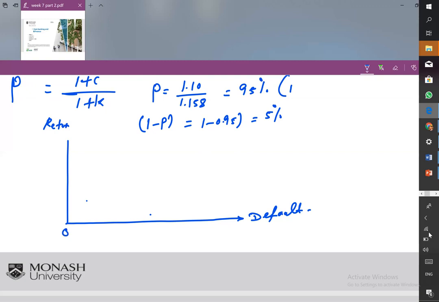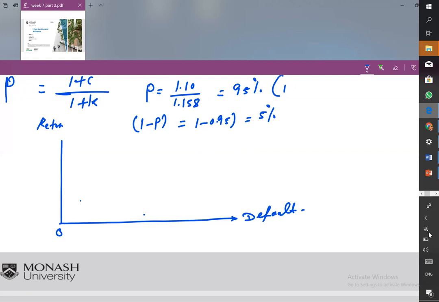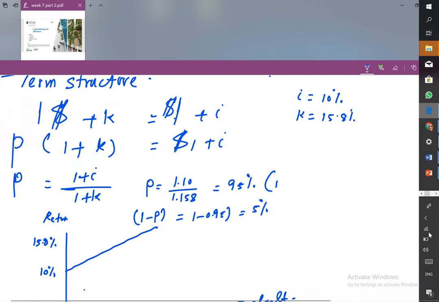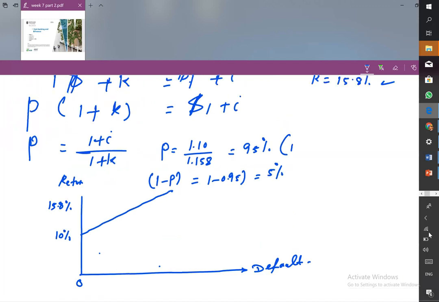If I invest in corporates and in risk-free, it will be like this. This will be 10%, which is the risk-free, and this will be, according to this calculation, 15.8%.